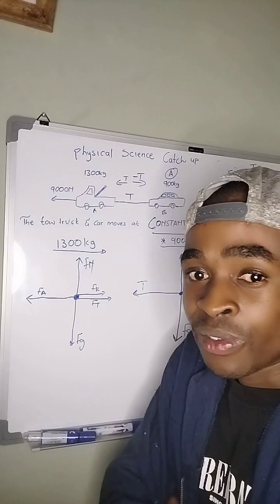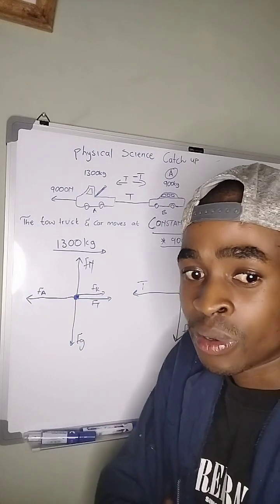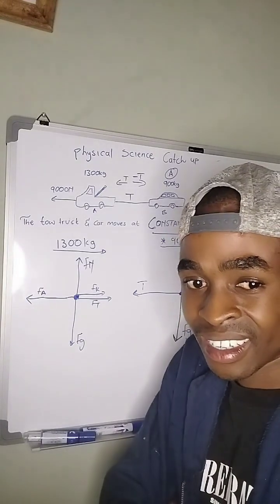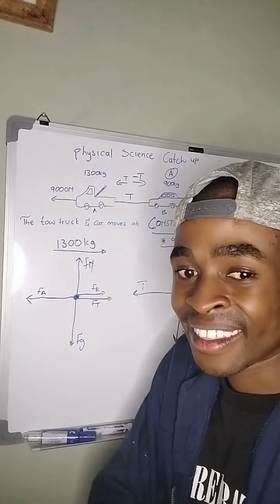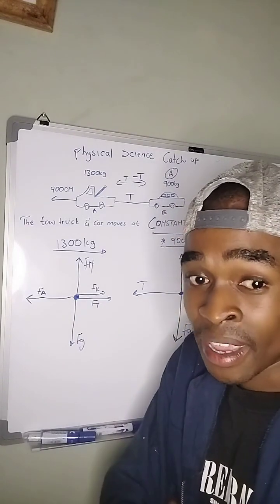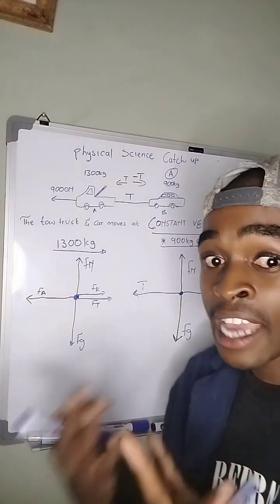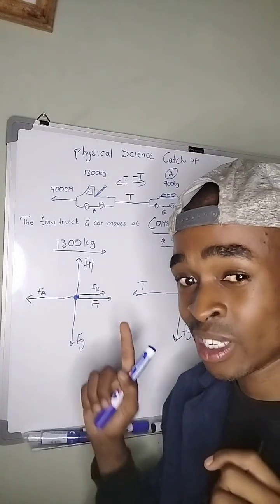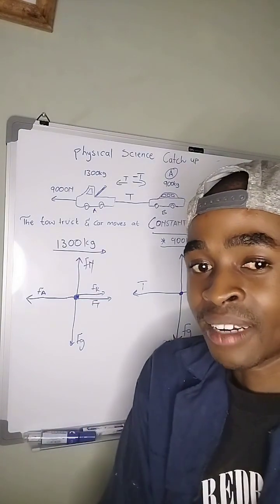I just want to give you 2 minutes. The arrows are fine. Guys, we have analyzed everything together, but now I'm asking you, what is wrong with this free body diagram?